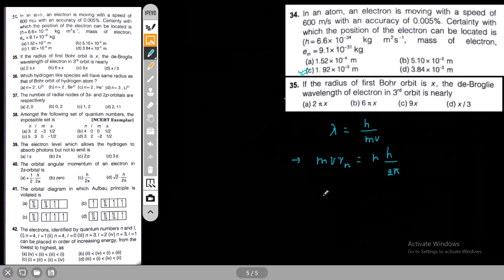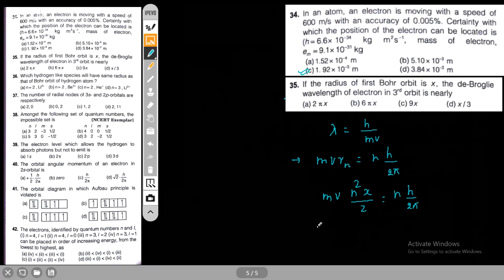And mv we will write as it is, and rn will be n square a naught by Z, right? And a naught is nothing but x. So n square x by Z is equal to n h by 2 pi. So we have to calculate h by mv. So h by mv will be what, directly we can solve from here. First Bohr orbit is x. So nothing is given, so we consider Z as 1 for hydrogen atom.